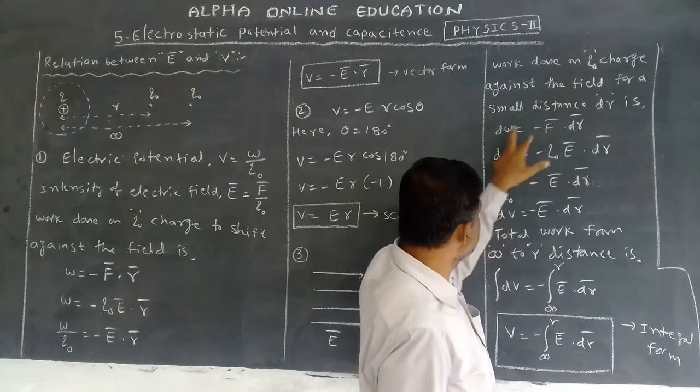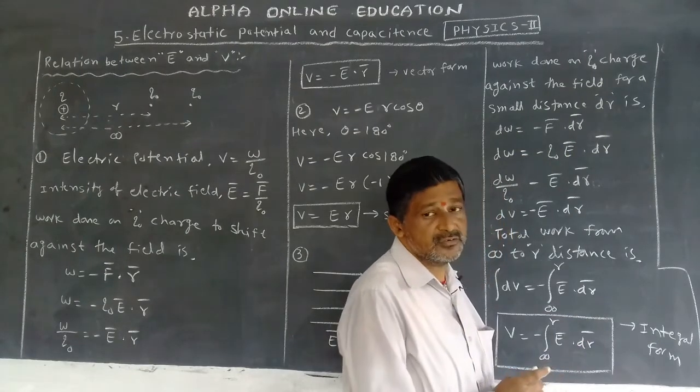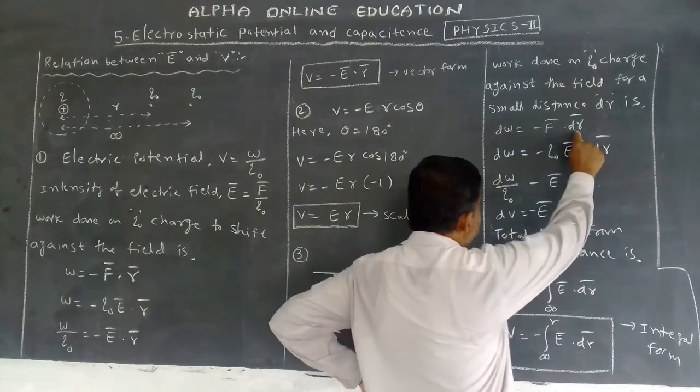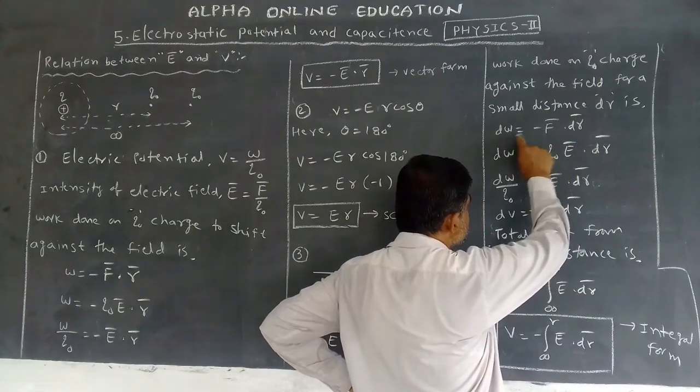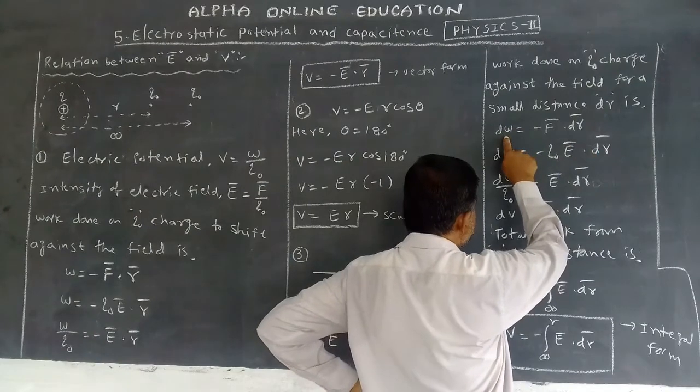You know that work is a function of displacement and force. That's why here W is equal to force into displacement, but here dr is taken. That's why it is dW.